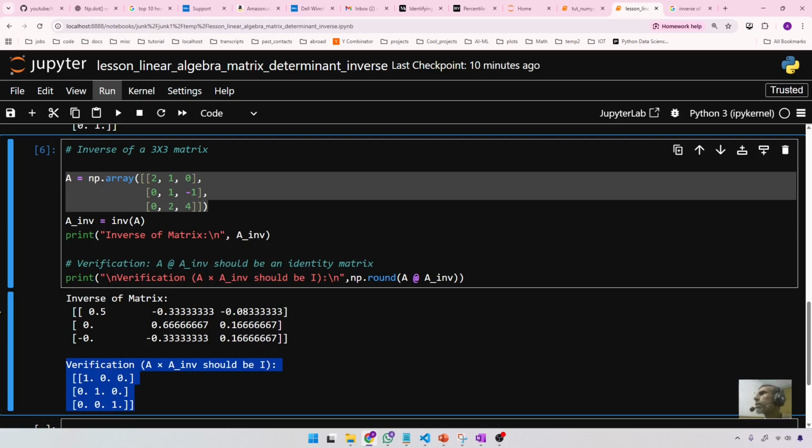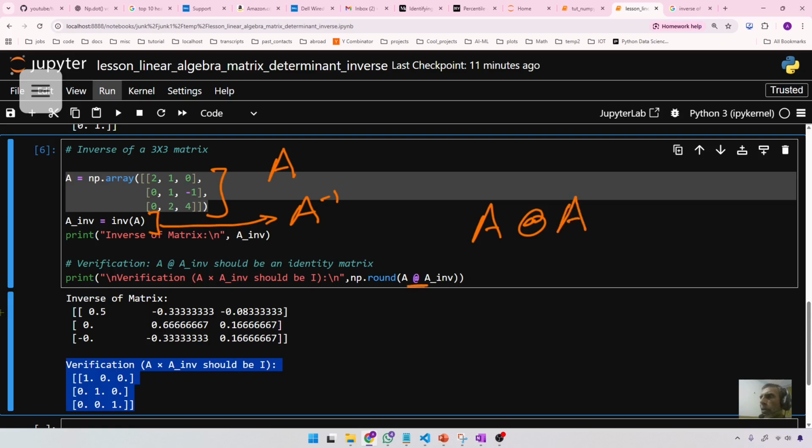Again, what's happening is that this is your A, and this is my A inverse, and I'm multiplying A by A inverse. This is the symbol for multiplication in NumPy. That's how they do multiplication right here. So A multiplied by A inverse, and my answer should be the identity matrix.